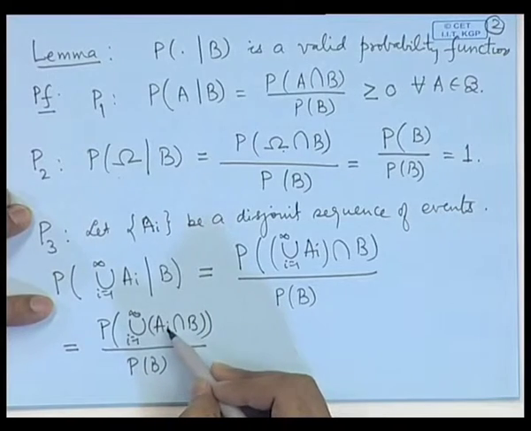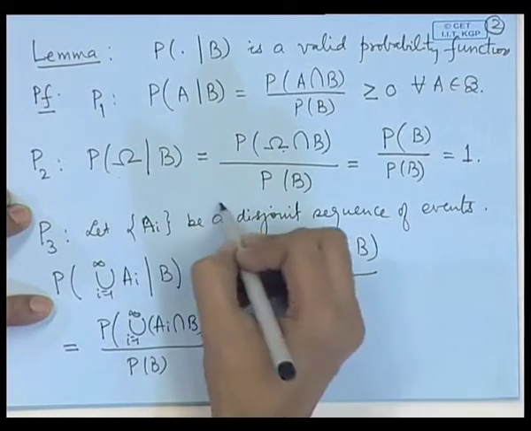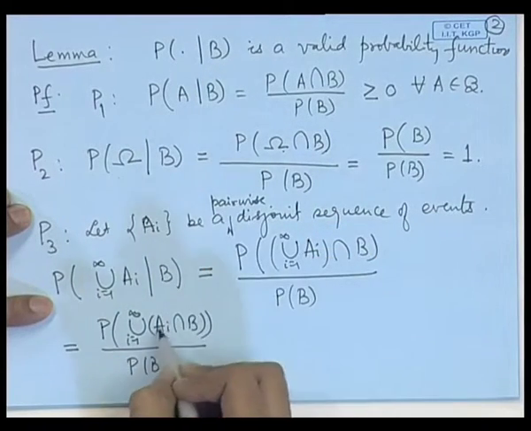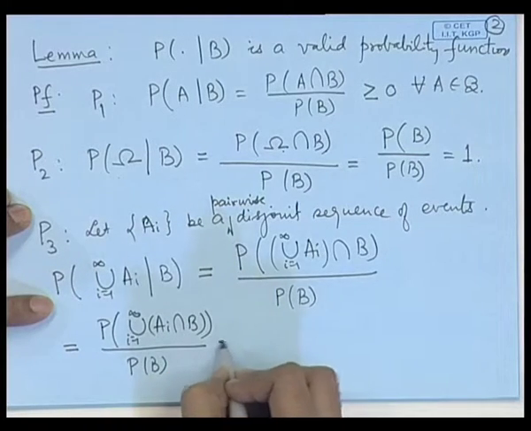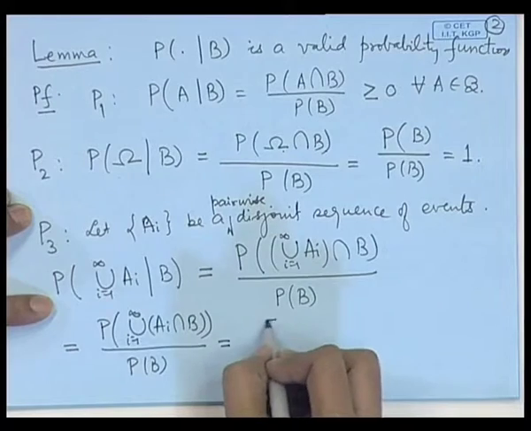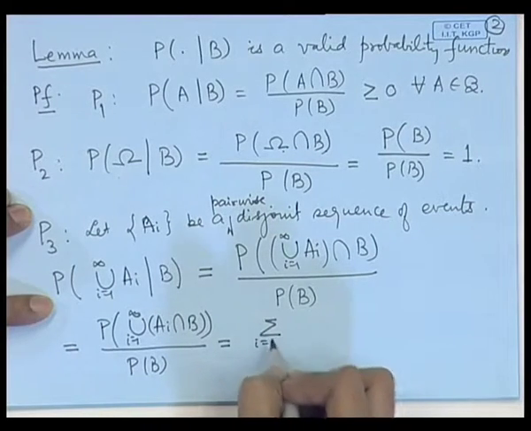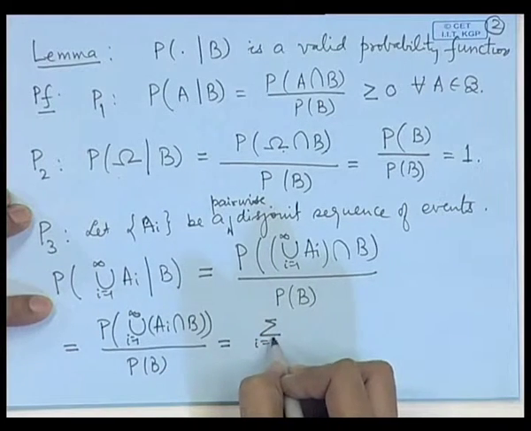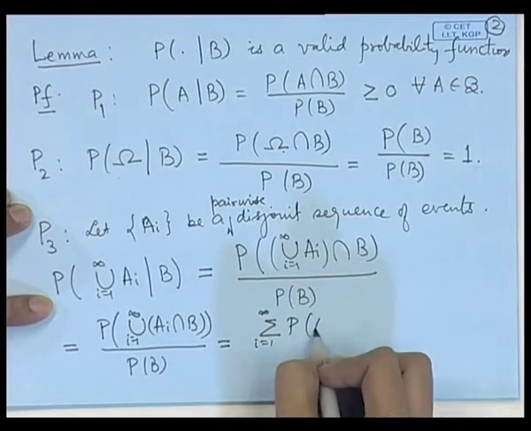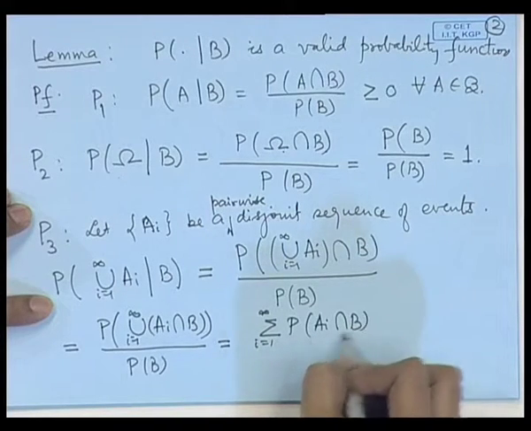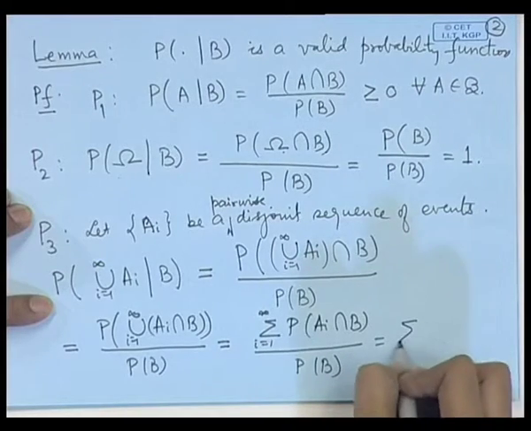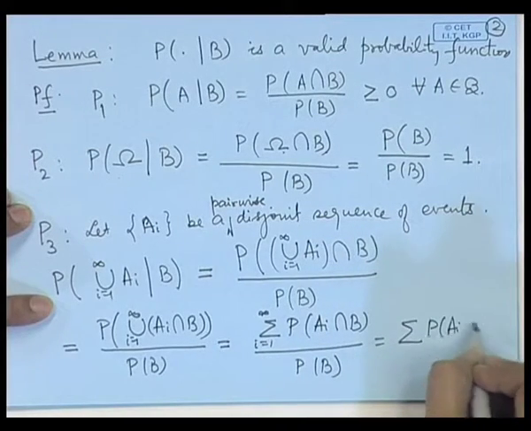Here note that the A_i's were disjoint, basically we can consider them to be pairwise disjoint. If they are disjoint, then the A_i intersection B's will also be pairwise disjoint, and therefore, by the third axiom of probability, I will have the probability of union of (A_i intersection B) equal to the sum from i equal to 1 to infinity of P(A_i intersection B) divided by P(B), where each term then becomes P(A_i given B).